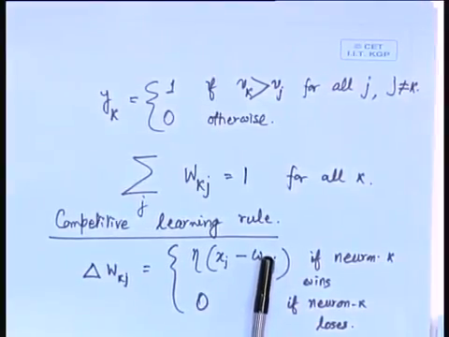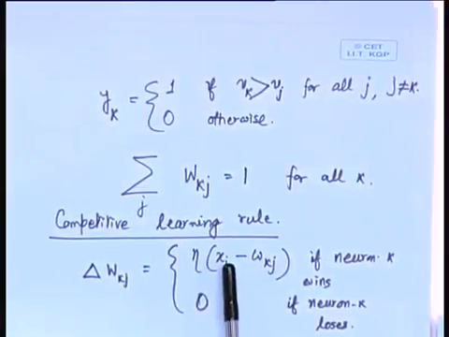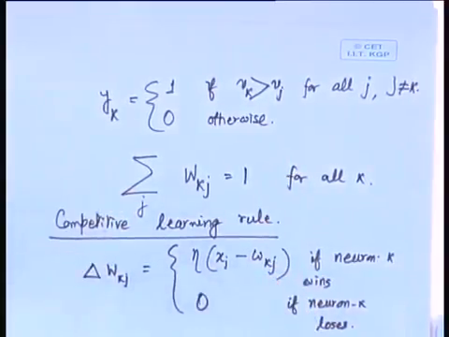Now that Wkj has already increased, next time delta Wkj is going to be smaller, but even then there will be some positive delta Wkj.